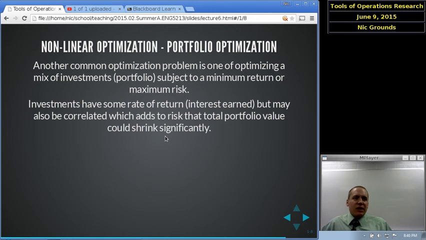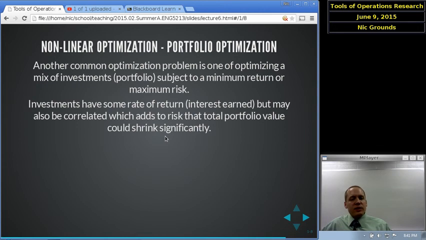You can hedge your risk by investing in things that aren't correlated. These two investments are both likely to go up, but if one of them does go down in value, the other one isn't necessarily going to go down with it, and it might offset my losses, or I might even still make money, or make a higher rate of return.